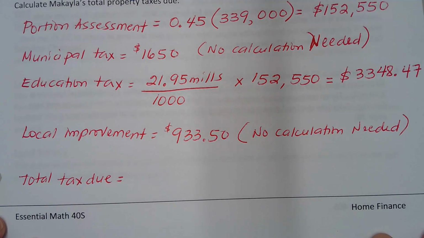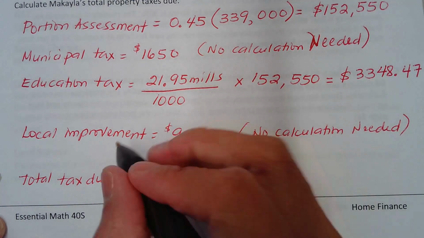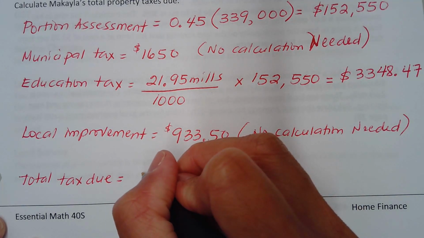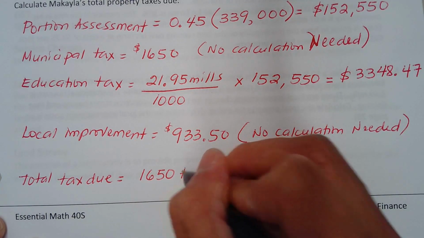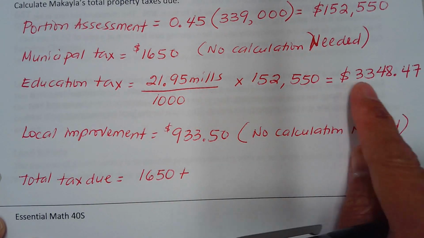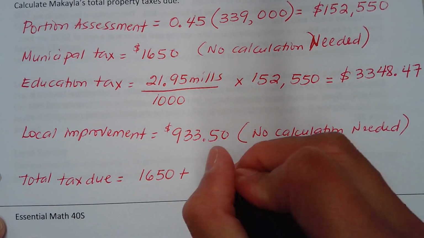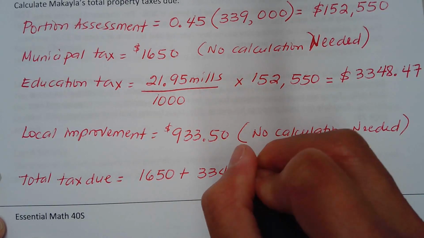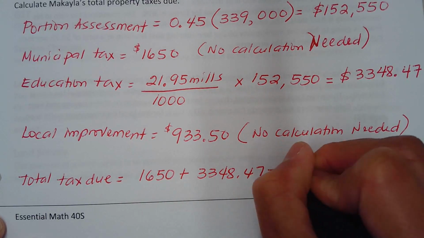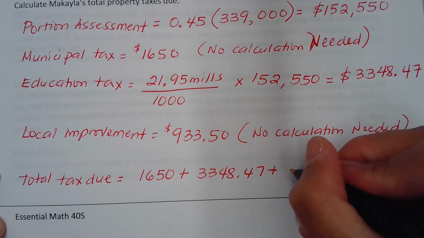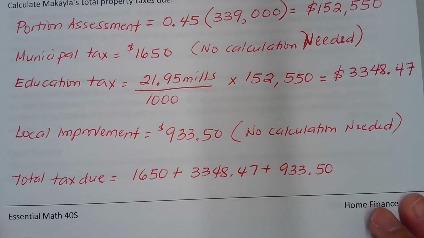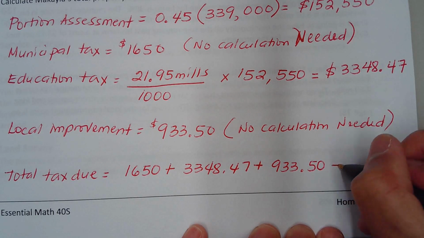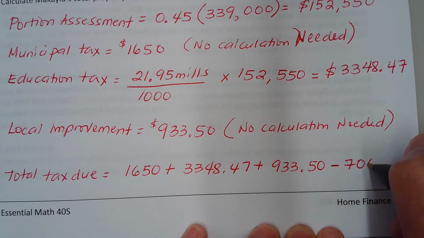Total tax due would be municipal tax, we gotta pay for that. Education tax, we gotta pay for that as well. Local improvement, yes. And then last but not the least, minus the credit.